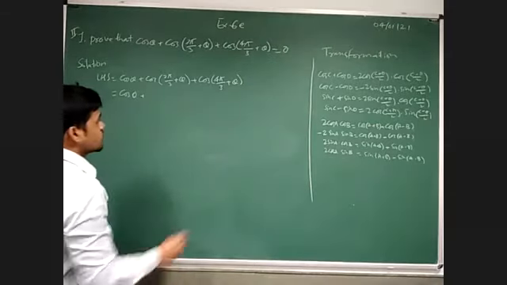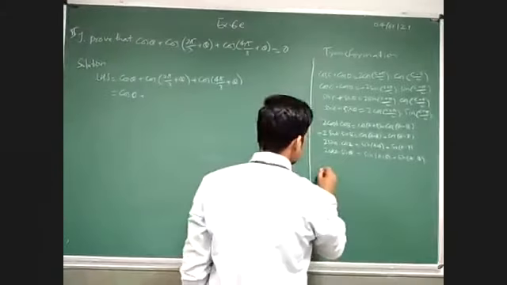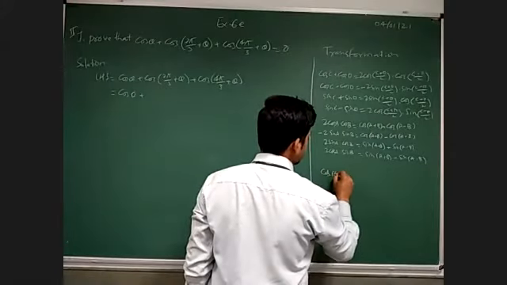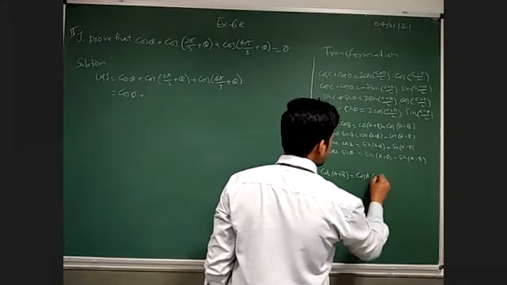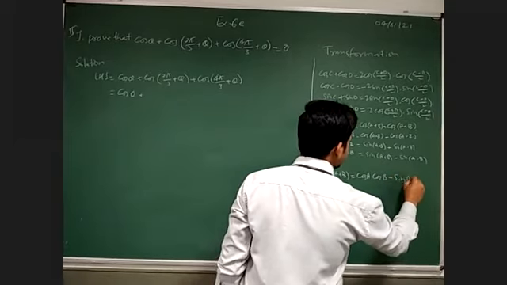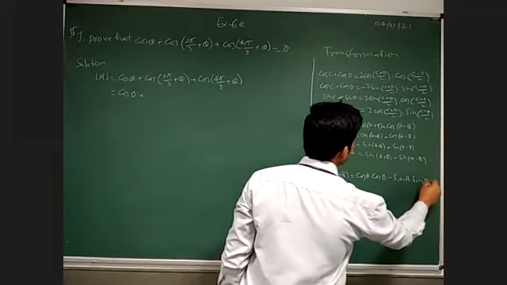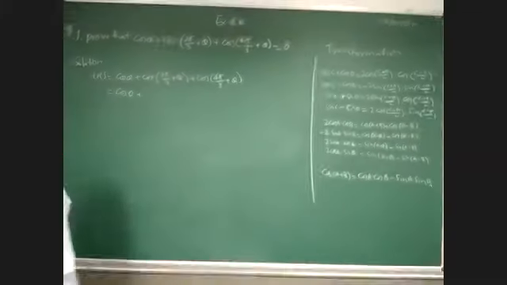The cos(A plus B) formula is nothing but cos A cos B minus sin A sin B.